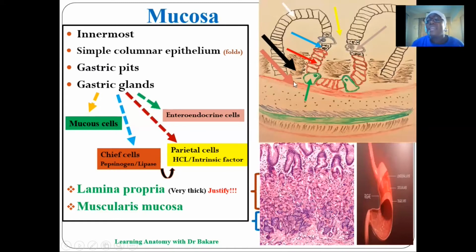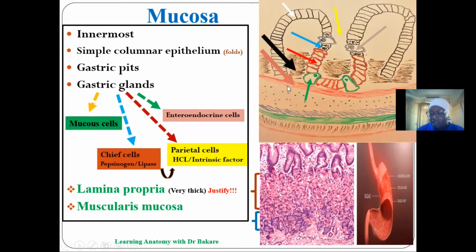This muscular layer gives structural support for the lamina propria. The Muscularis mucosa layer highlighted in red is made up of smooth muscle seen in two layers. So we have the inner circular layer and an outer longitudinal layer. These two layers help in propelling or expelling the substances secreted by the gastric gland.